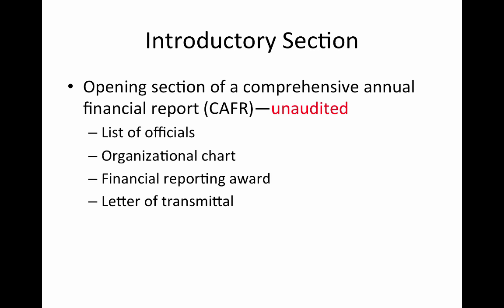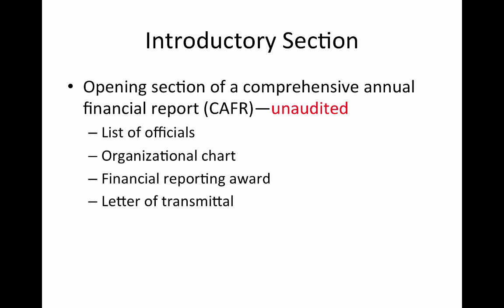The typical things that you see in the introductory section are a list of the government's officials, perhaps an organizational chart. If they've received an award for financial reporting from the Government Finance Officers Association or the Association for School Business Officials International, they tend to copy it into their financial report, tell you how many years in a row they've won it.